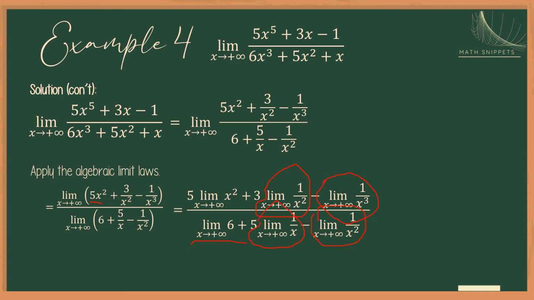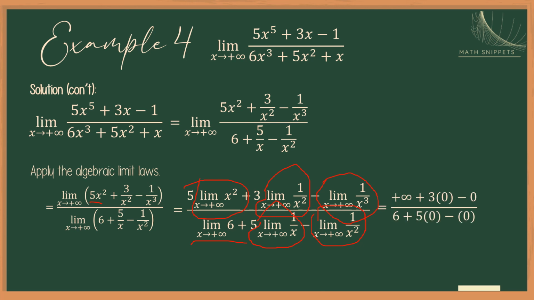Now, this is x squared, which we can apply the power law. Remember, the limit of x as x approaches positive infinity is positive infinity. Applying the power law, you square it. So positive infinity squared is just positive infinity.